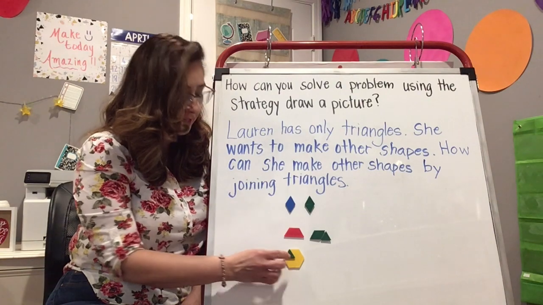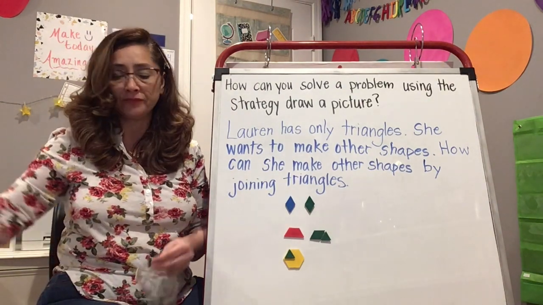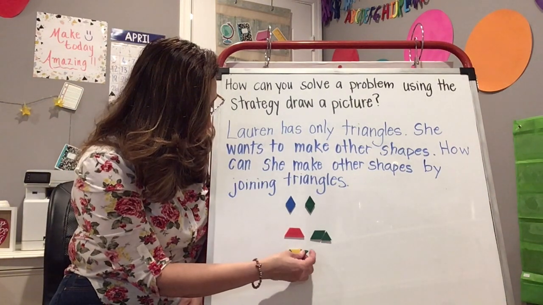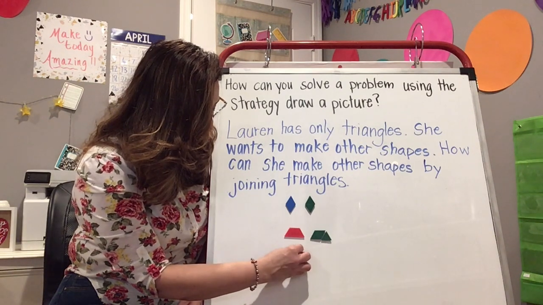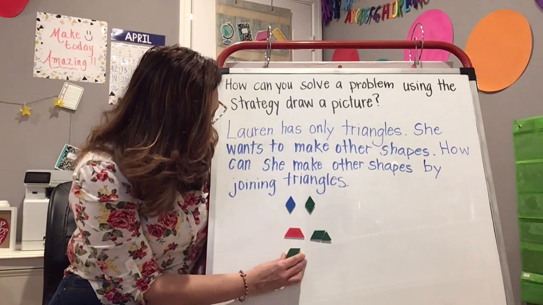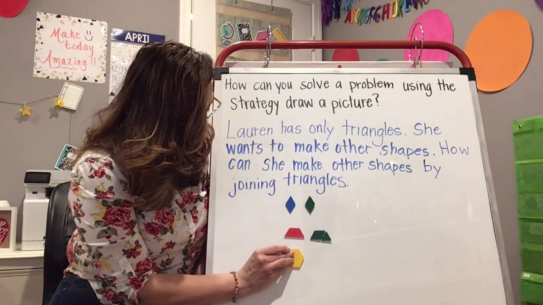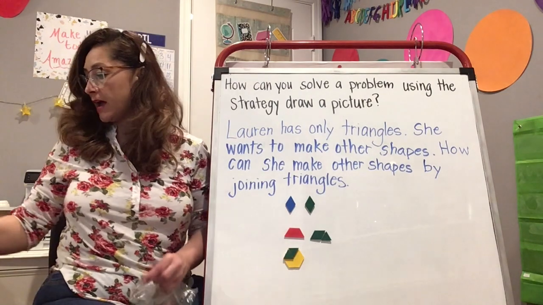So she can take one triangle there, and then she can place another triangle right there. She can line up the sides just like that.